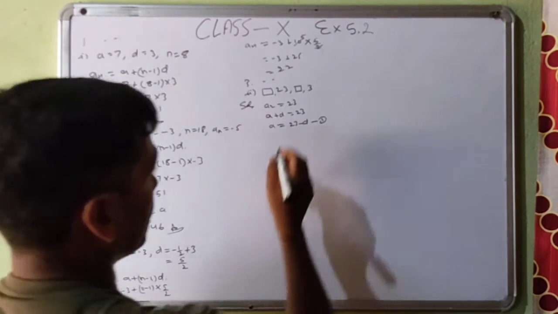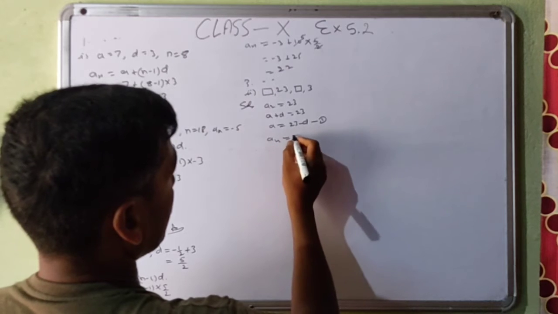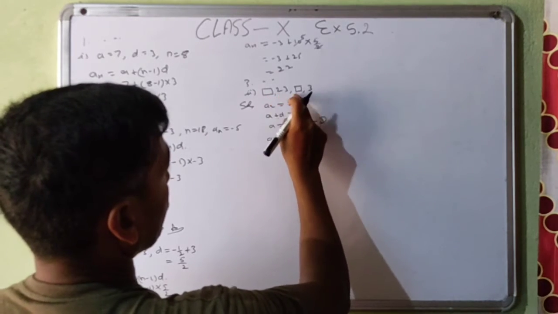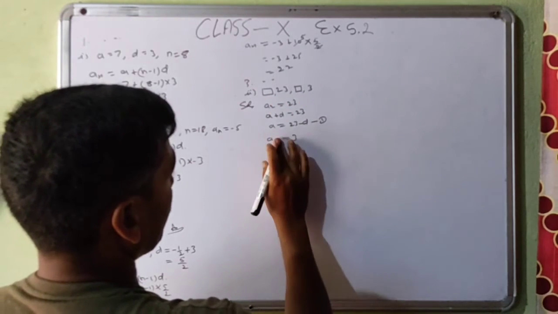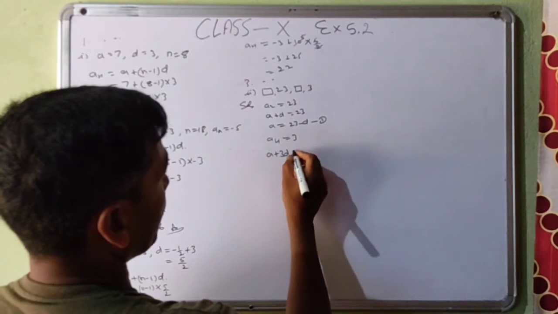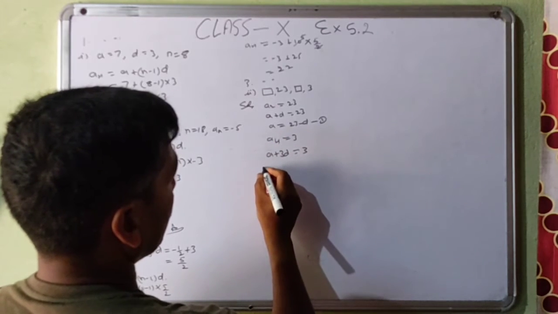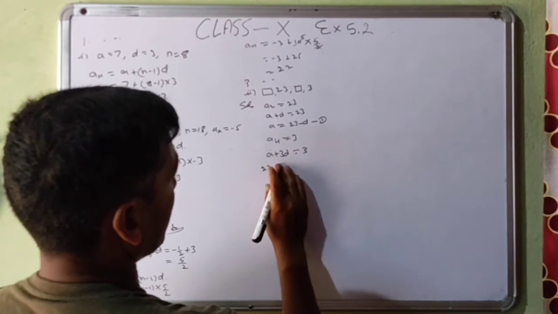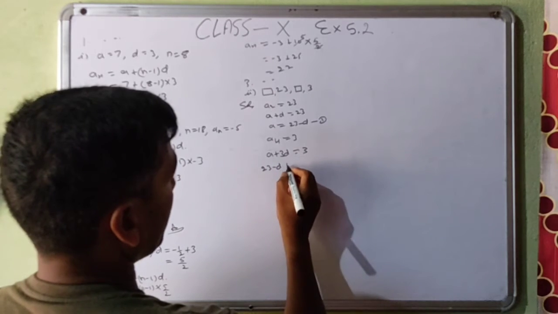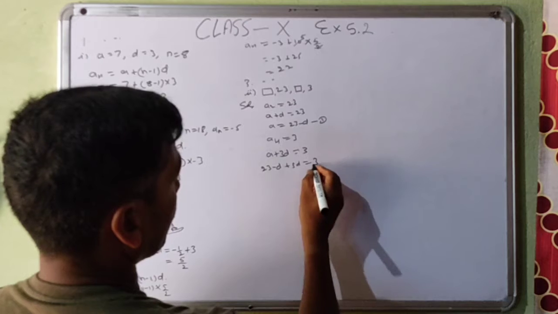Okay, this is the first equation. And then for this one, A4. A4 is equal to 3. 1, 2, 3, 4. So A4 we can write as a plus 3d is equal to 3. The a value we have already found here: 23 minus d, plus 3d is equal to 3.